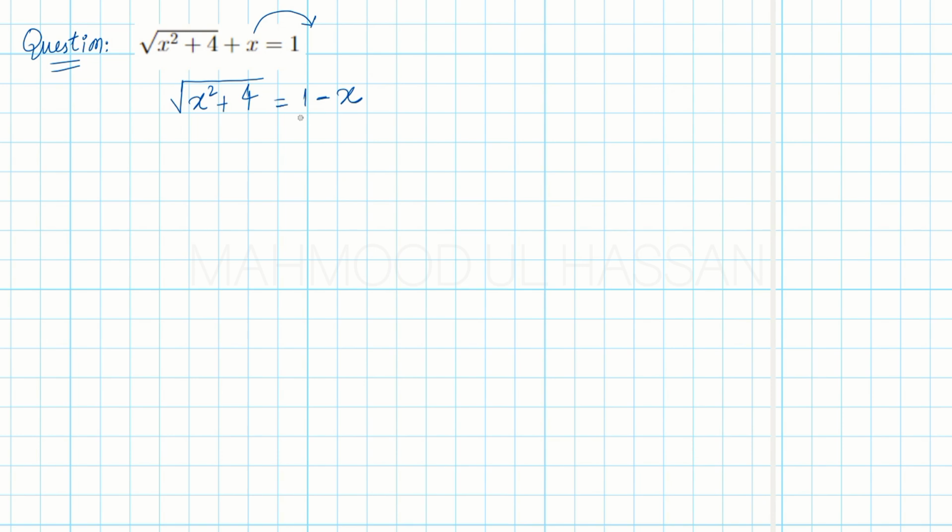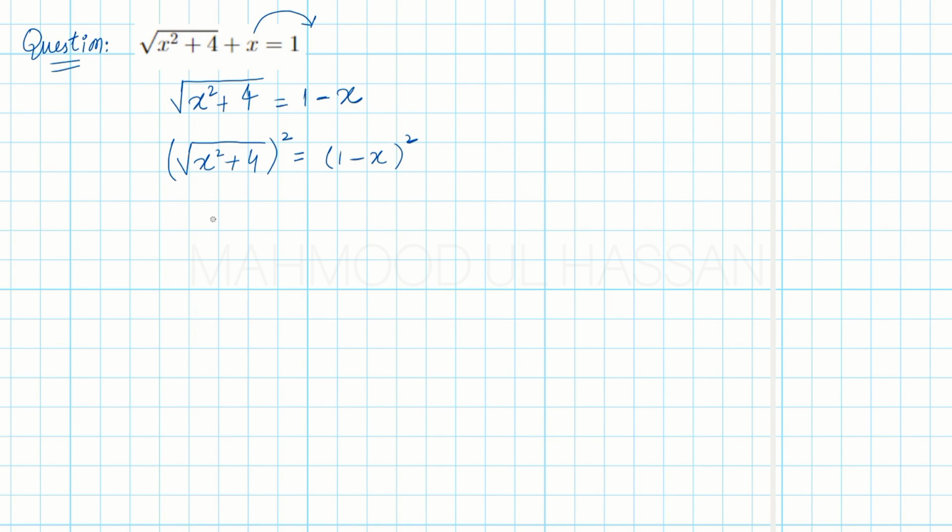Now, to remove the square root, we square both sides of the equation. That is, square root of x squared plus 4 whole squared is equal to 1 minus x whole squared.